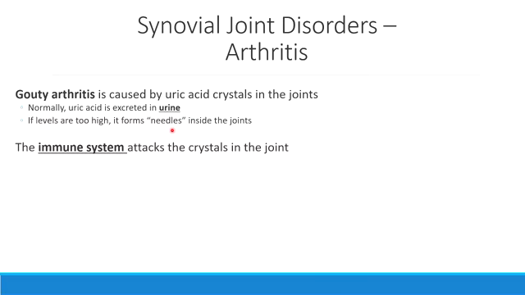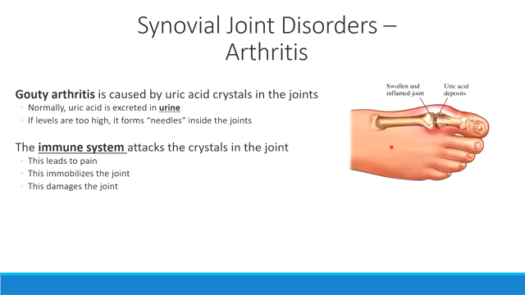And check this out, when I put uric acid in the joints, the immune system says, you are not supposed to be here. And so just like we saw with rheumatoid arthritis, now the immune system starts attacking. It's not attacking the joints themselves, it is attacking the crystals, but this still leads to pain and inflammation.